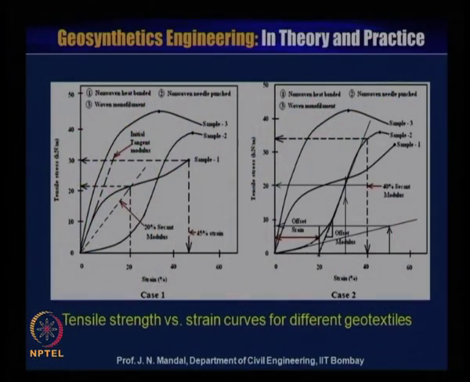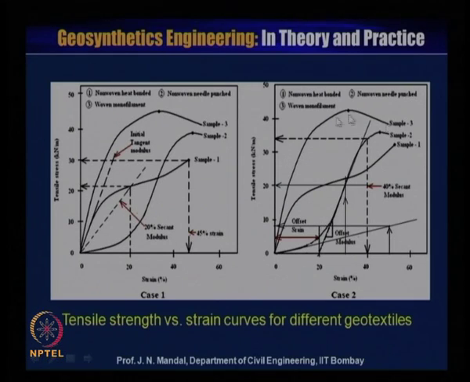At the same time, for sample number 1 we have calculated the initial tangent modulus and the corresponding strain. If you know the initial tangent modulus and maximum tensile strength for sample number 1, then you can also determine the toughness, that is, half into T max into epsilon g.